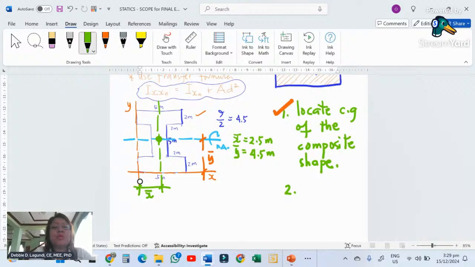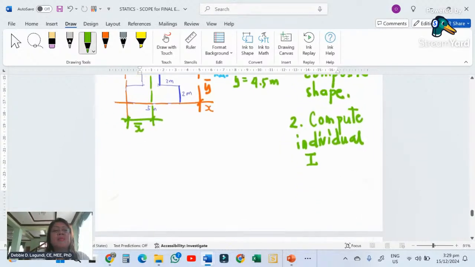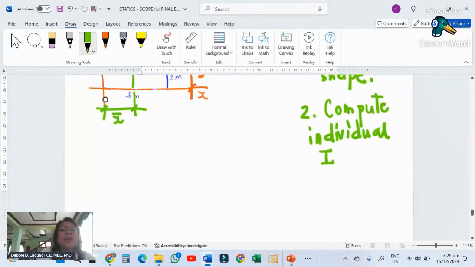Okay, number 2. Number 2 would be compute for the I. Compute for individual moment of inertia. How many shapes do we have here? There are 3 shapes. Okay, so let's have the first one.